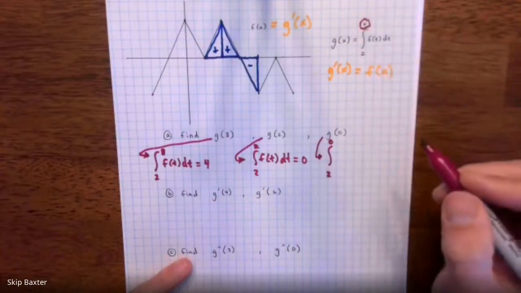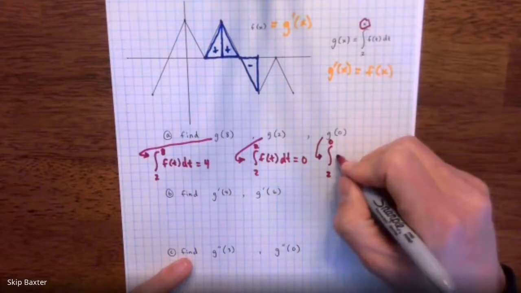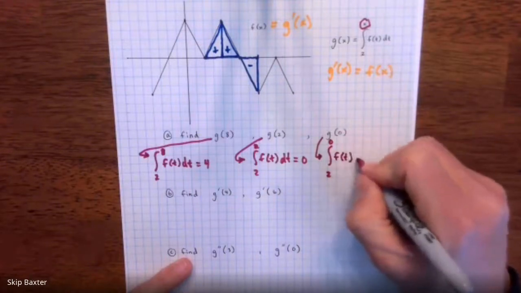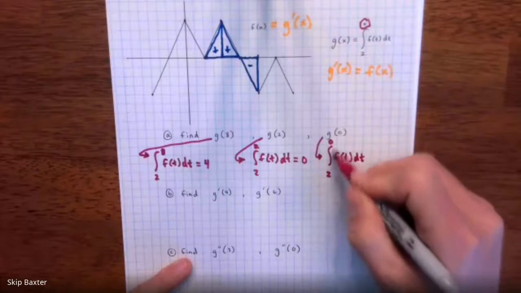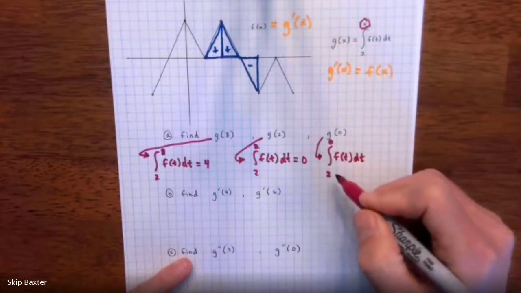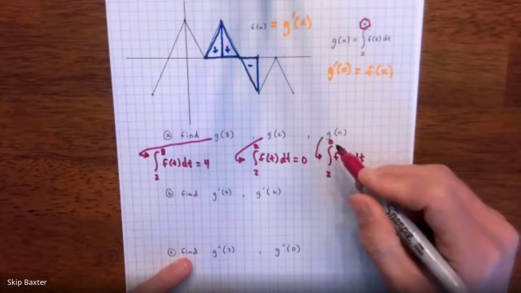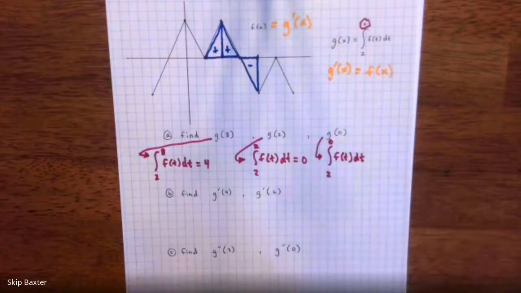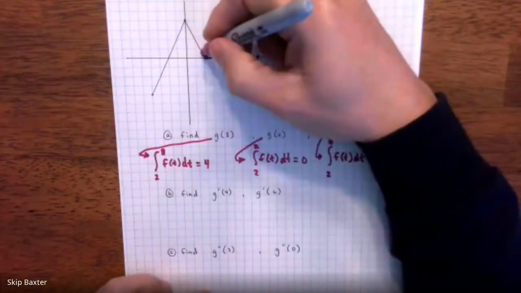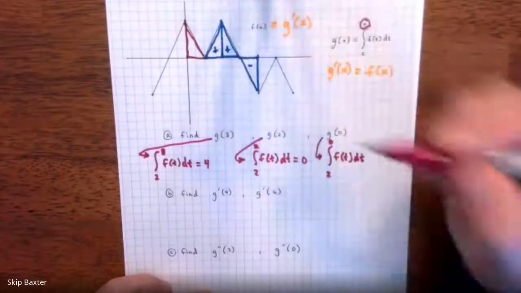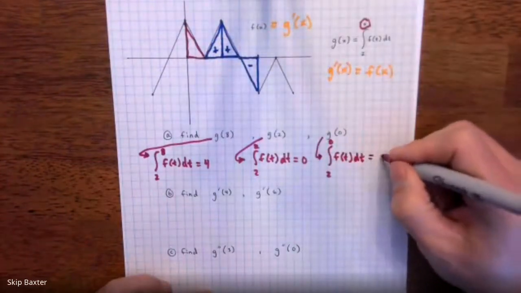This would be the integral from 2 to 0 of f of t dt. The limits of integration are switched. Usually you would go from 0 to 2. So if I go from 2 to 0, I'm going to get the negative of the signed area from 0 to 2. From 0 to 2, that's 4 as well. So this would just be negative 4.